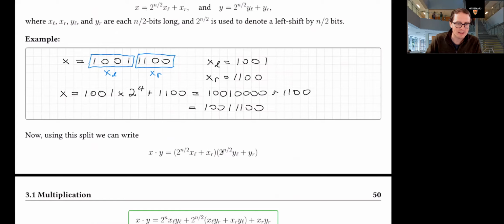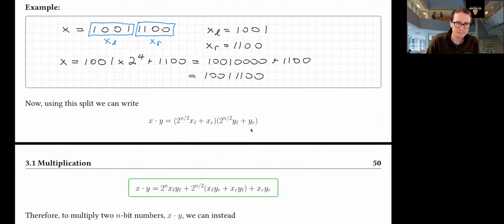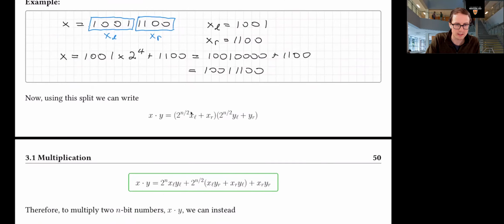And when I expand this out, I get 2 to the power of n times x left y left, plus 2 to the n over 2 times the cross terms, x left times y right plus x right times y left. And then I finally get the x right times y right term.